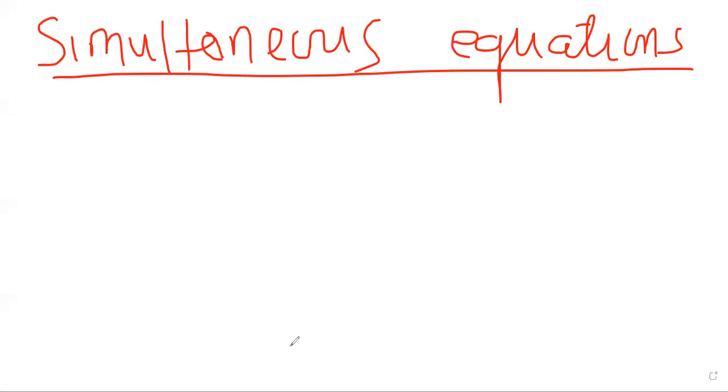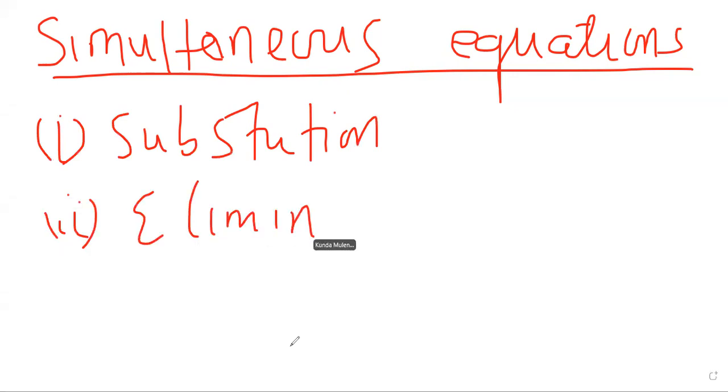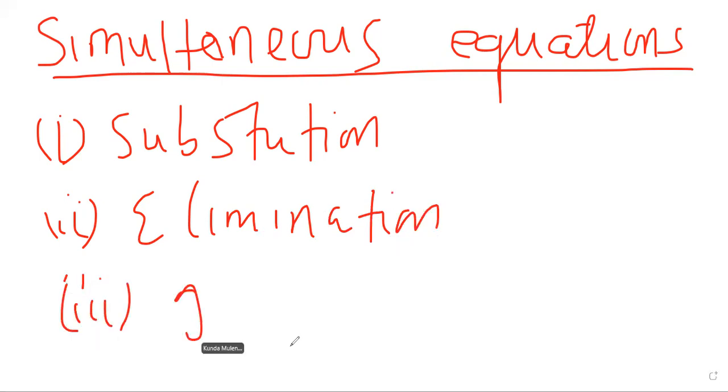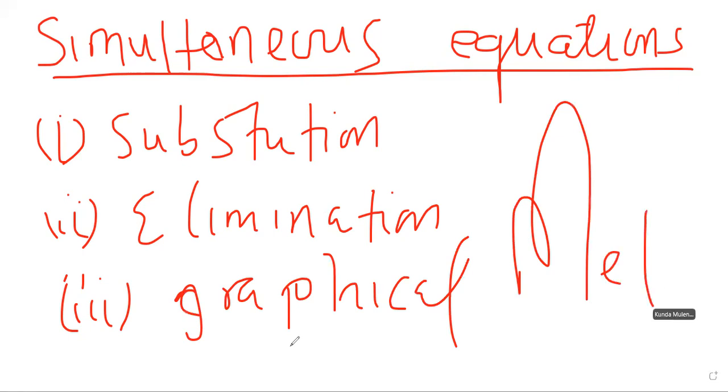For you, there are three, but I just teach two. But we have quite a lot of them. So we have methods. One, we have substitution. Two, we have elimination method. And then three, we have what we call graphical. All these are methods.